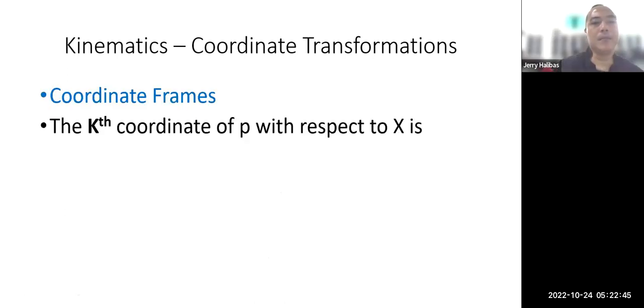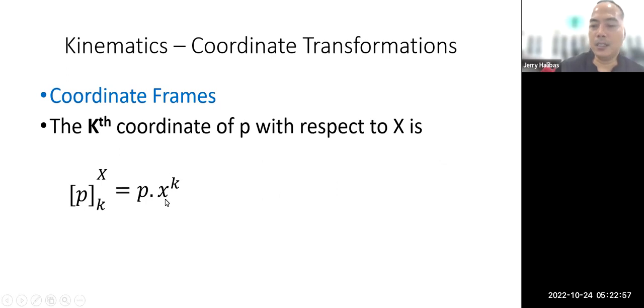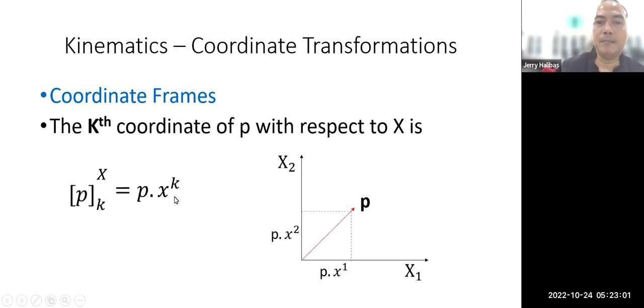Okay, coordinate frames. So the coordinate of P with respect to X is such. P scalar dot product of the coordinate unit vectors, no? So example, let's say kaning imong vertical is x2 or pwede y, no? Pwede ra butang lang ito na x2. Then imong horizontal is x1.